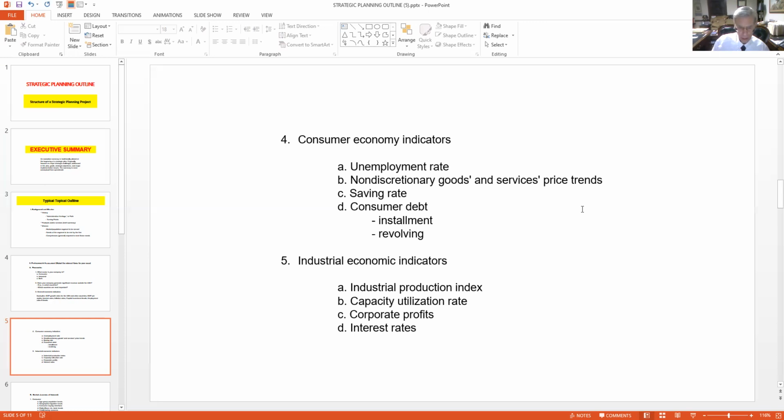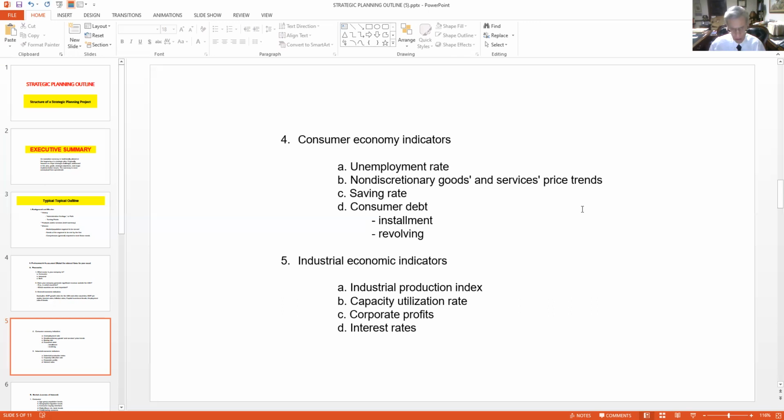So in addition to the industrial production index, when we get around to looking at a specific industry, which we will do in just a minute, we'll want to look, if we're looking at cars, at the production of automobiles in the world, as well as different countries. Capacity utilization is a measure that is actually computed, again, by the Federal Reserve.